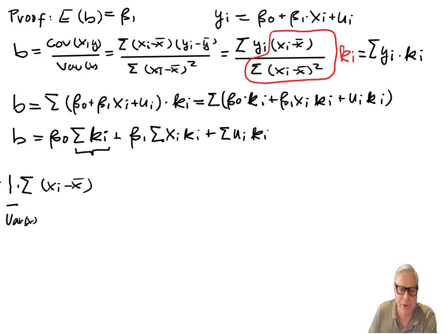We don't need that for now. What's important is the sum of xi minus x bar, and as you already know, all the deviations from the mean are equal to 0. So this term evaluates to 0.